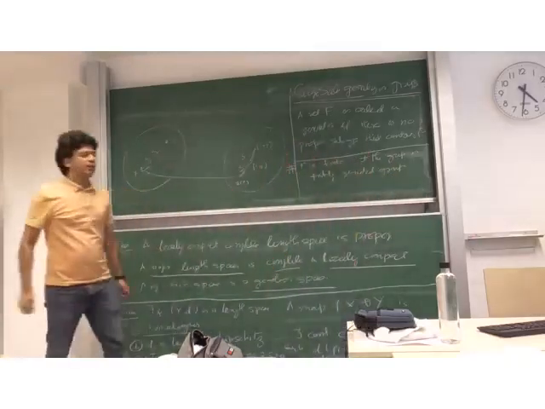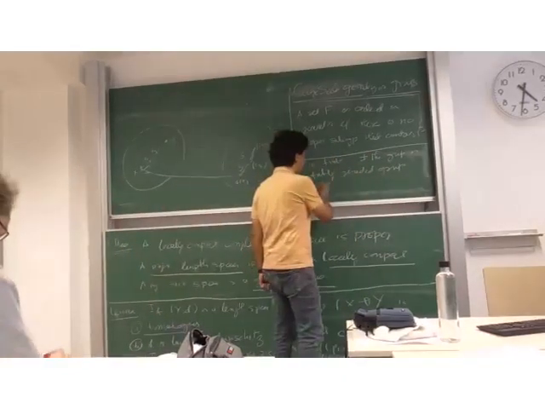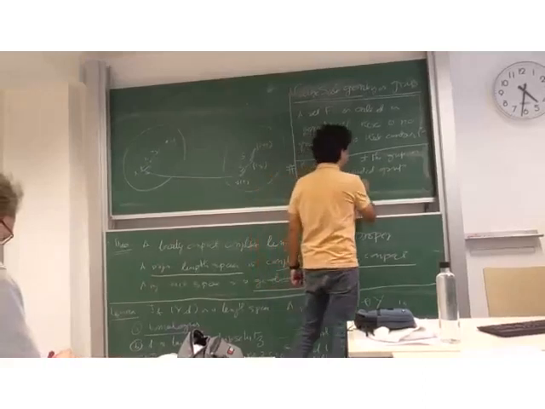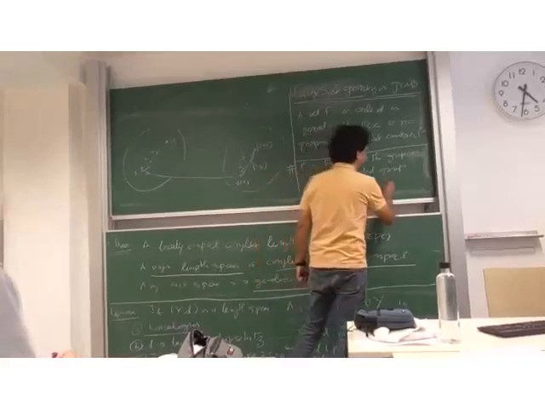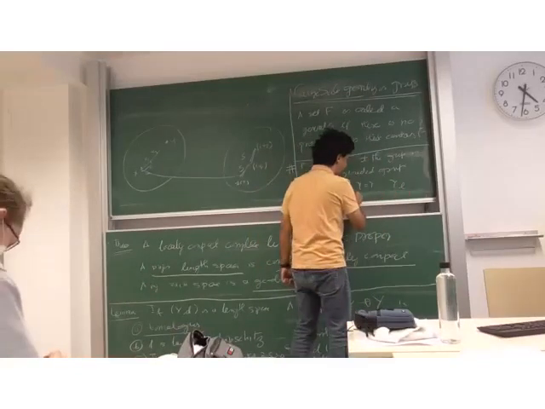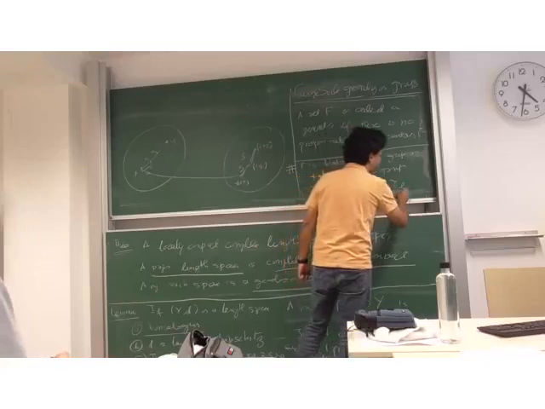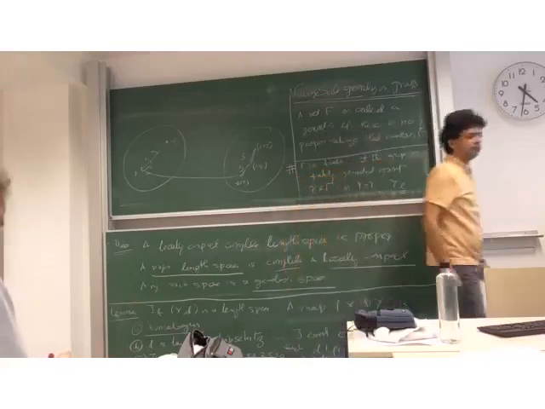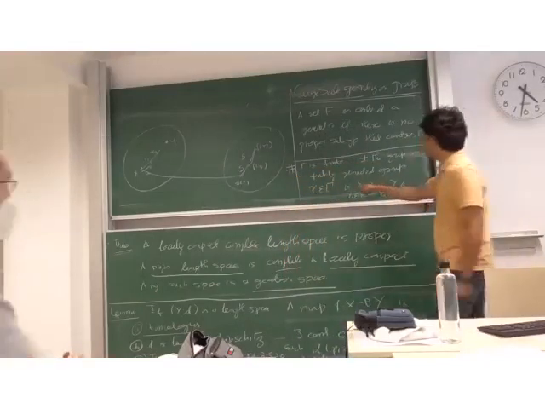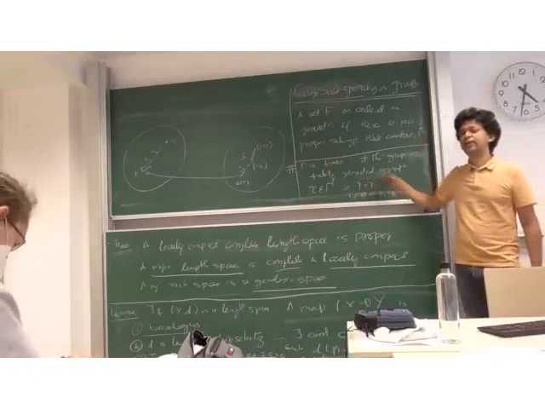And that means that any element in the group, any gamma belonging to, let me call my group gamma, is gamma 1 through gamma L, where the gamma i's belong to F or gamma i inverse belongs to F. So you can write down any element of the group as a word in the generators and their inverses.